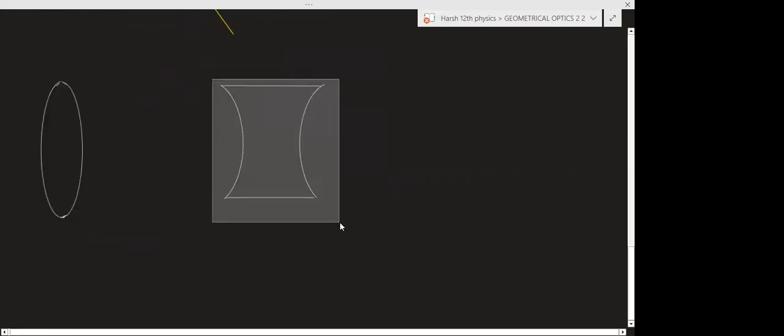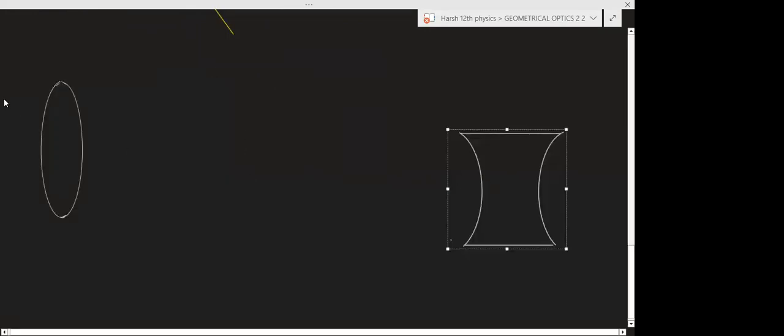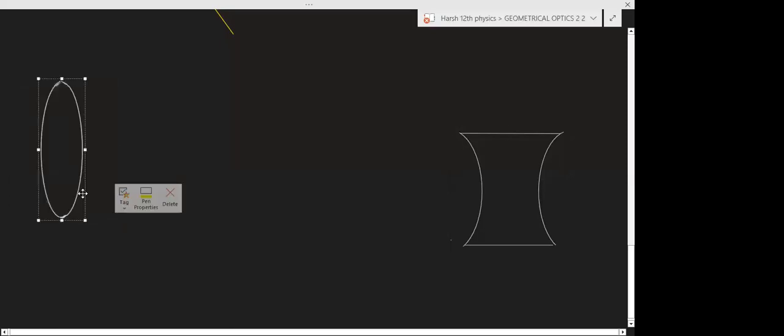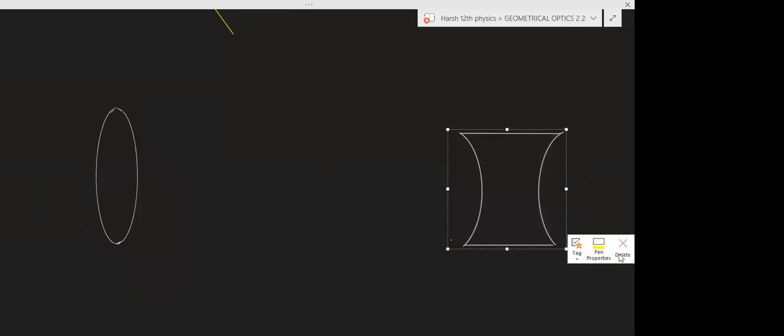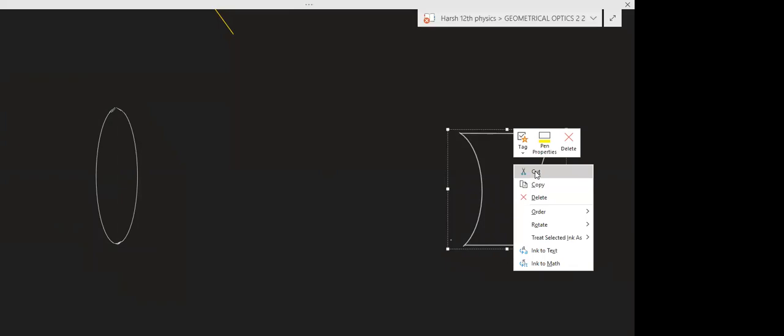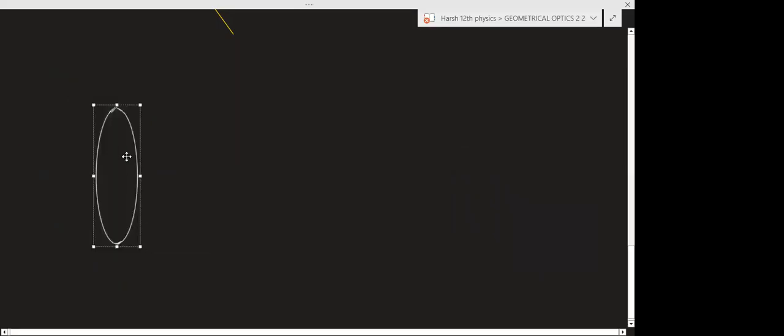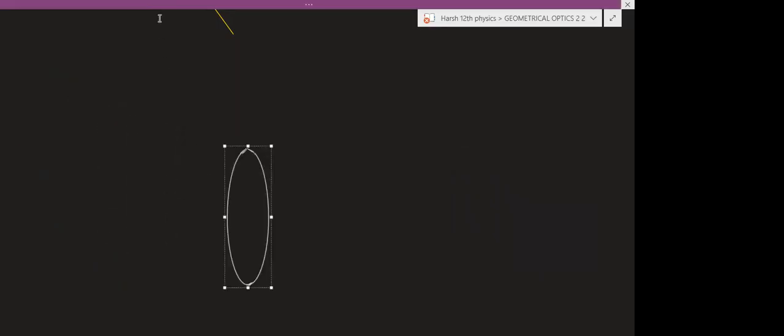Okay. So first I will discuss the focal plane of the convex lens. So this is a convex lens.